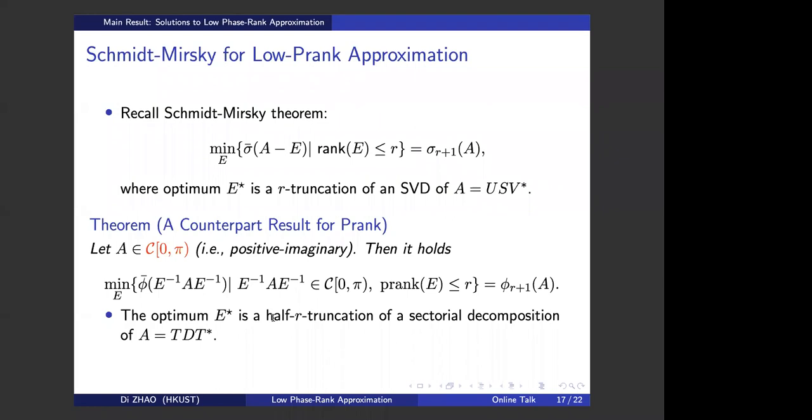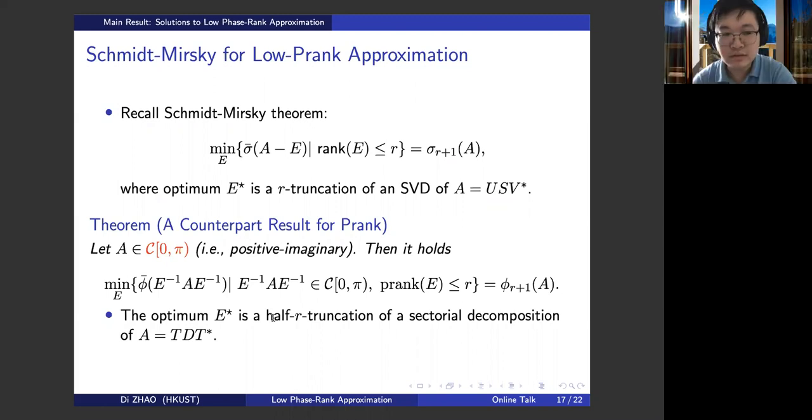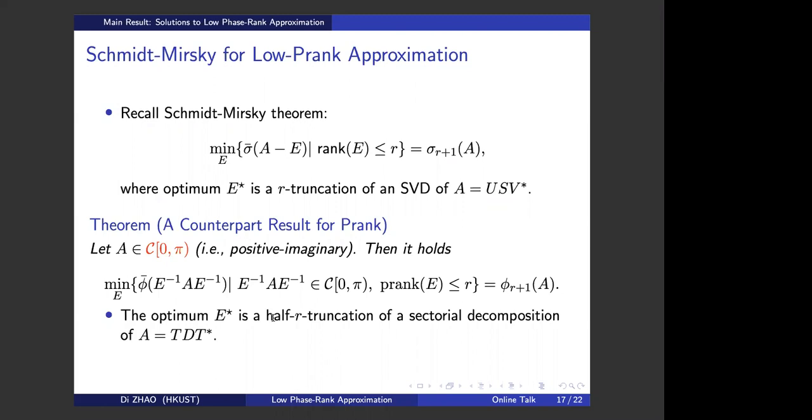Can you give an intuition about what happens to the spectrum of the operator when you do these replacements? Can you compare the spectrum of A to the spectrum of T times D, with the largest ones replaced by one, T star? How do they compare spectrally?